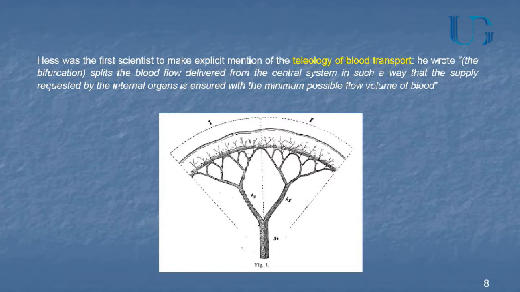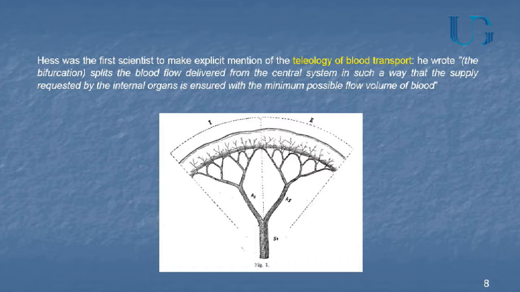This is the original picture from his paper showing what he meant as bifurcation. Okay, all symmetrical bifurcations. This is not a real human tissue. It's just his drawing of illustrating what he meant in his calculations.